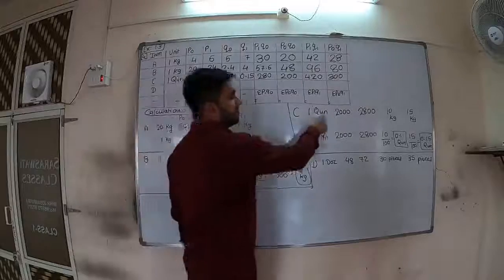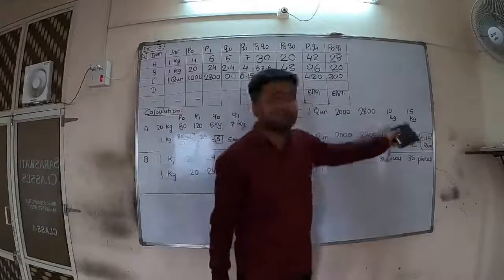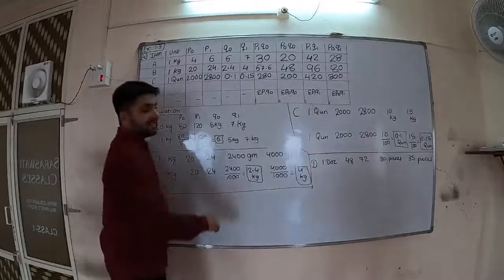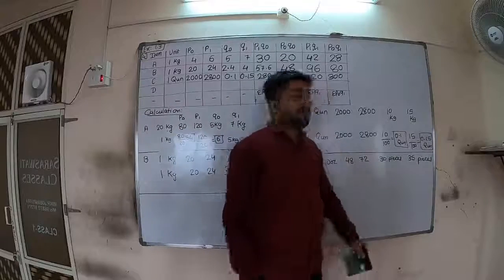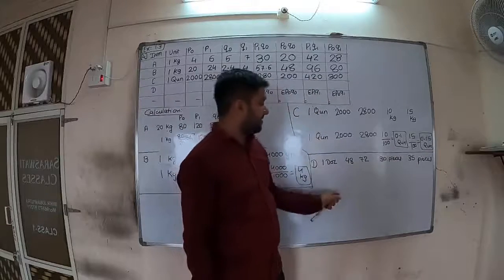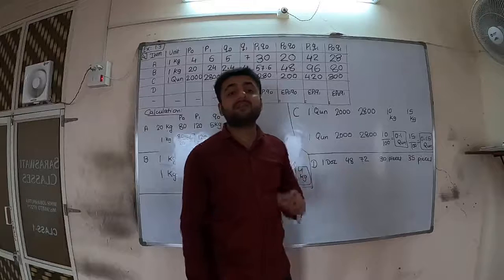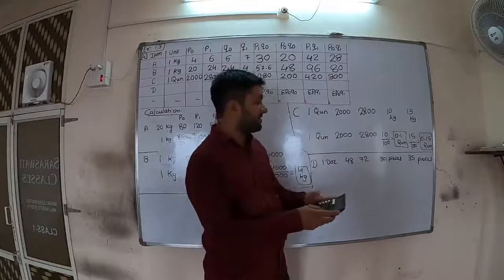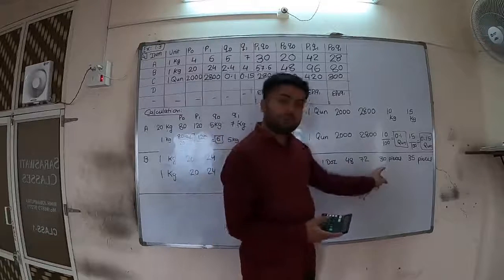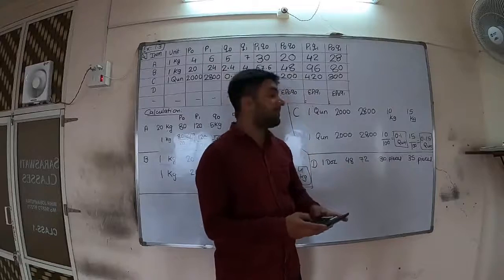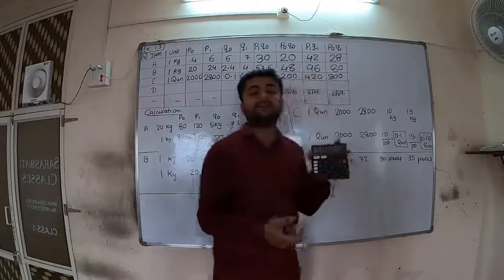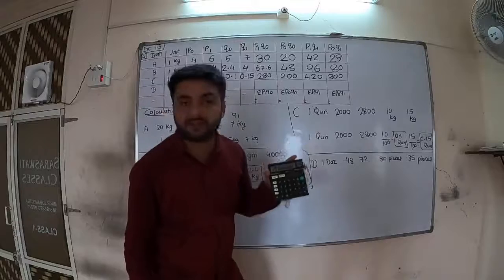See, 1 kg is given, 1 quintal is given. Directly we have changed the quantity. The point is exact. But here the point is not exact. Why? Because for converting dozen into piece, 1 dozen is equal to 12 pieces. So 30 by 12 is 2.5, whereas 35 by 12 is 2.91666. This is not allowed.